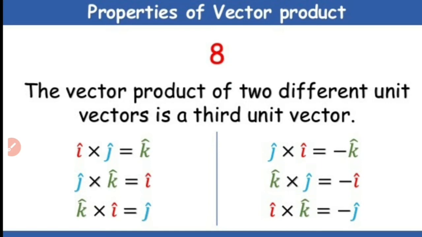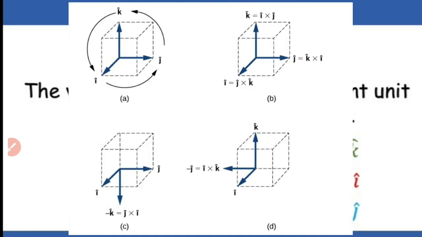You can take any corner in your house, take one horizontal direction as x, then perpendicular to it y, and then one more axis, which is z. In that way, stretching your fingers, you will easily get i cross j, j cross k and k cross i. So i cross j is k, j cross k is i and k cross i is j.